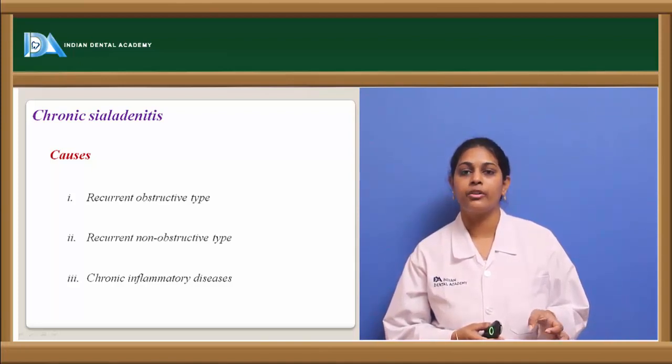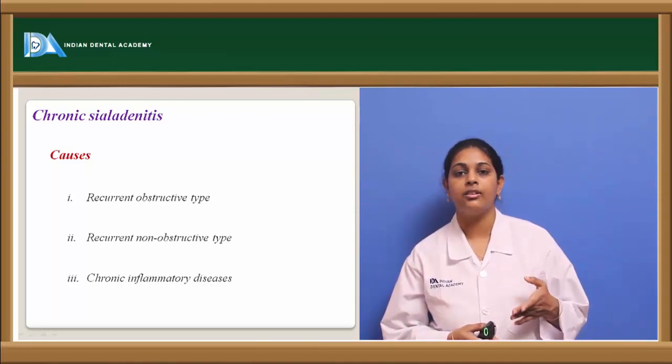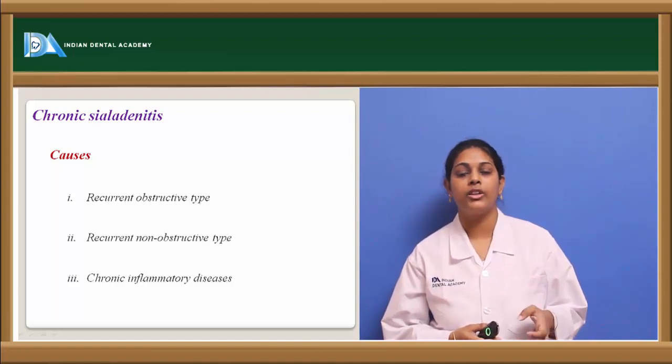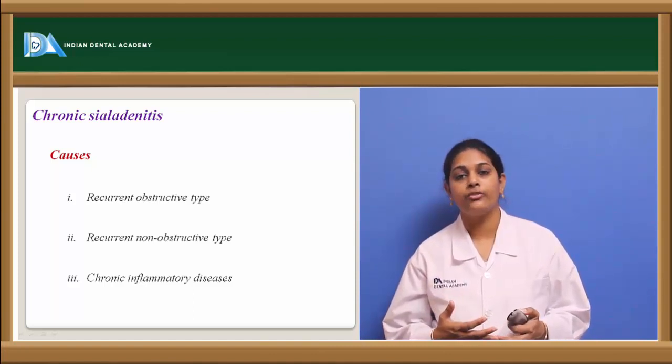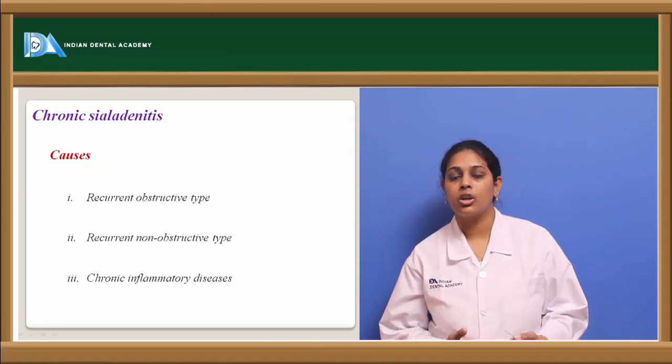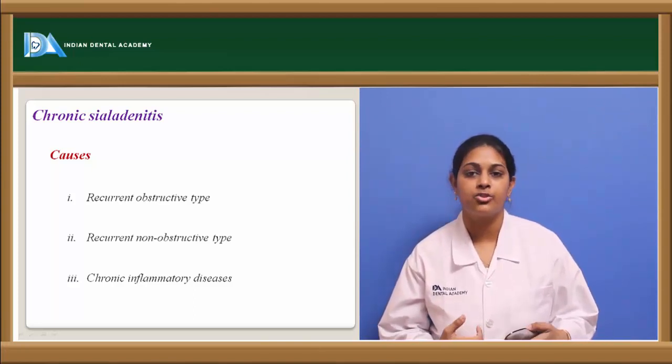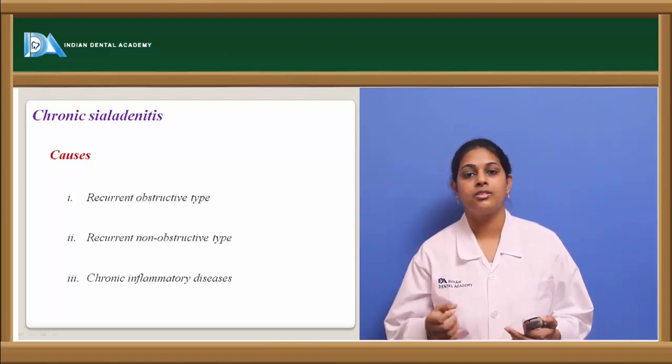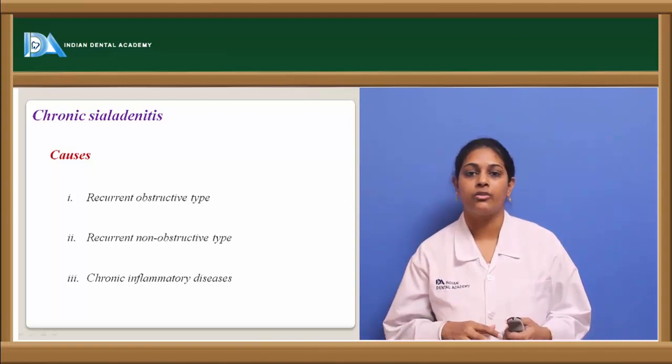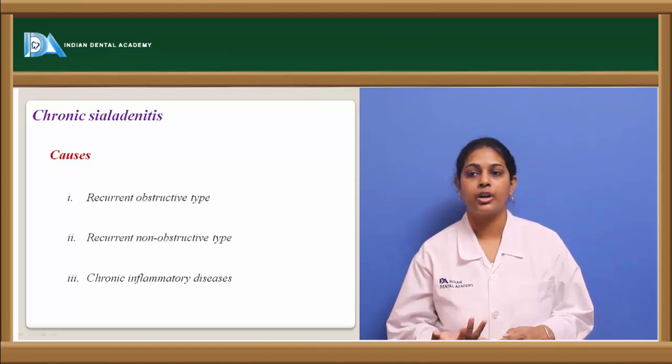Any obstruction might result in disturbance or alteration in the flow of the saliva, which will result in chronic sialadenitis. Obstruction can also be caused by injury or by strictures. Strictures are nothing but narrowing of the duct of the salivary gland. So amongst those cases also we see this recurrent obstructive type of sialadenitis.